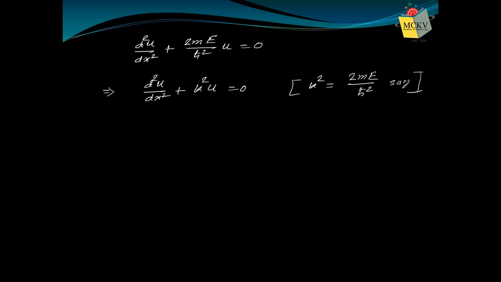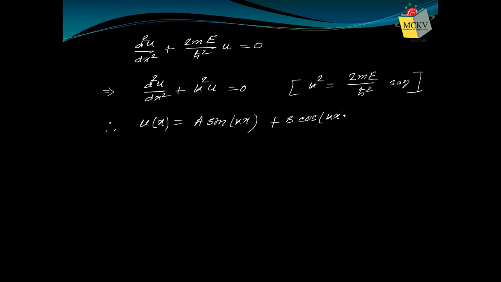And we have a ready solution for this equation. If we have this type of second order differential equation, then its solution is available. The solution will be like this: u will be a sine kx plus b cos kx.